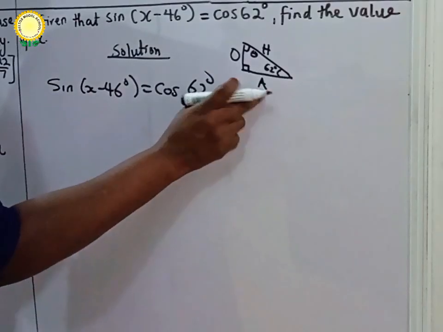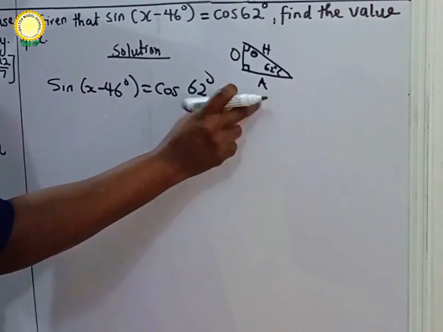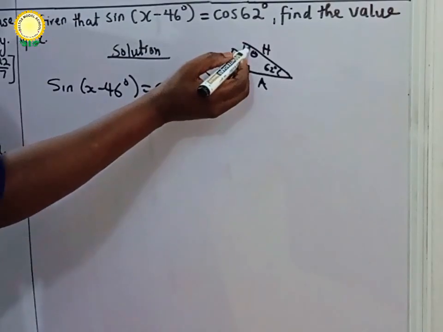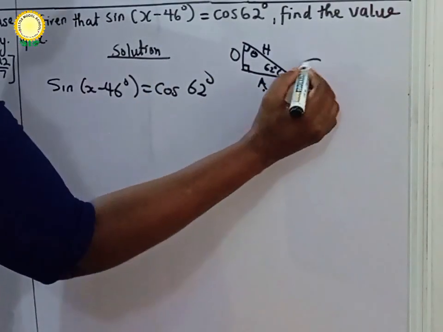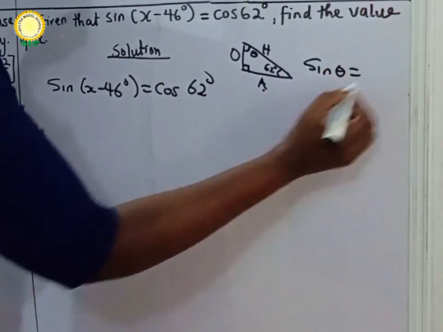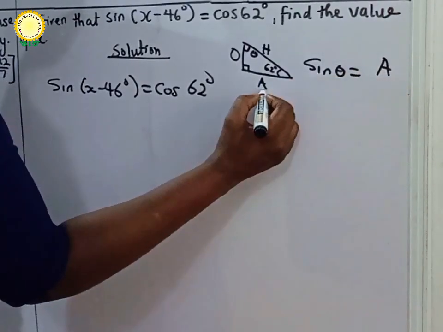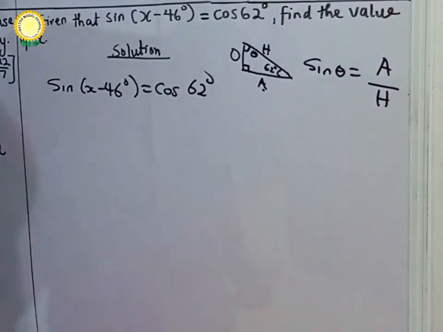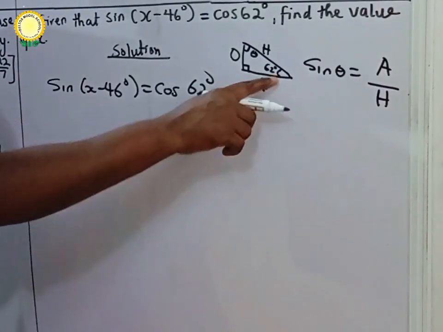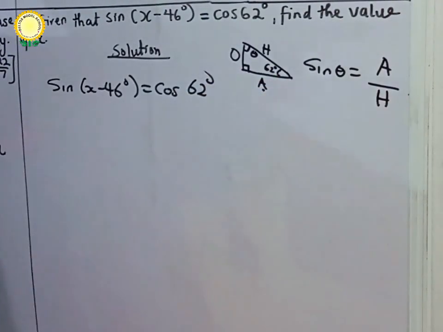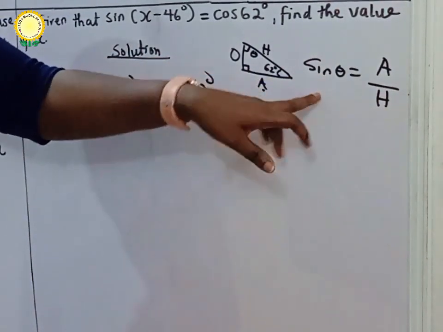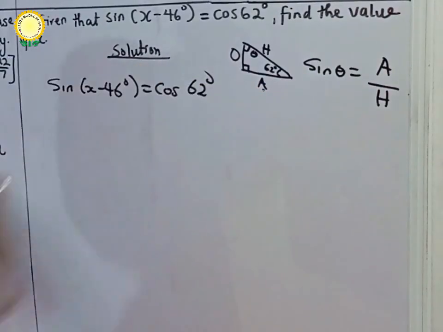Sine theta is opposite over hypotenuse. The opposite to this angle is this. So sine theta equals the opposite in the context of cos 62 over hypotenuse. So at that point, cos 62 is equal to sine theta. Do we get that?